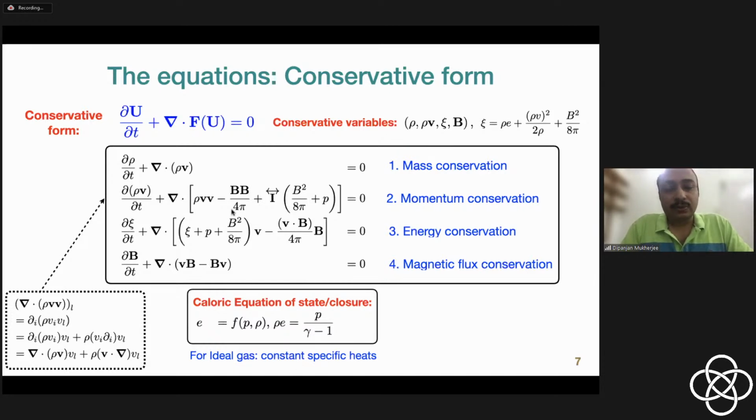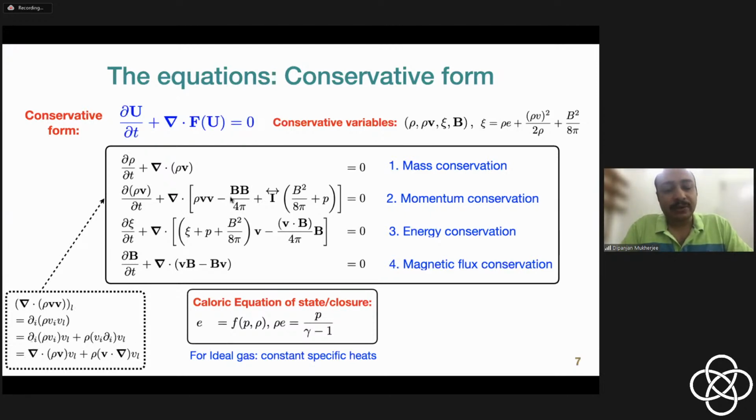And some of these quantities inside the fluxes are actually tensors, as you can see. So I've just given in the notes here what this term actually means. If you break up this term, it's much easier to understand if you work with the indices for one of the axes.